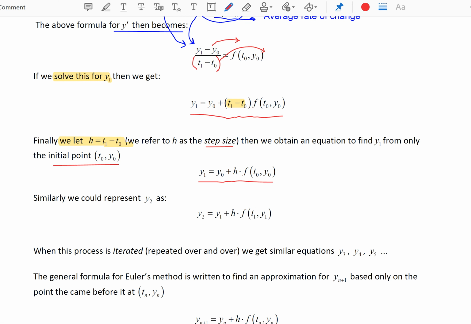Similarly, we could represent y2 as follows. When this process is iterated, repeated over and over, we get similar equations for y3, y4, y5, and so forth.